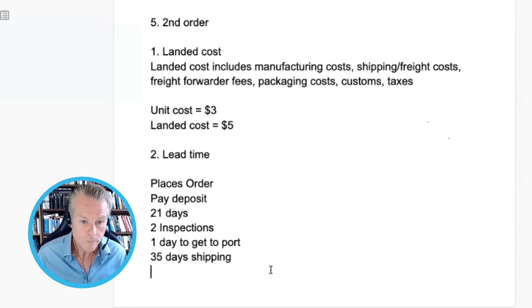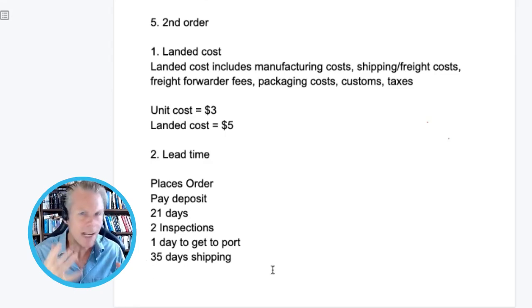What's next? So now it arrives, let's say it's arrived at Los Angeles port. Awesome. What's next? Customs, good. So now it's not actually in America yet. It's in a kind of weird no man's land, okay?